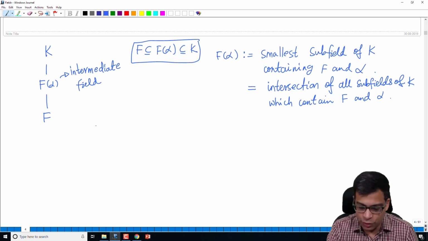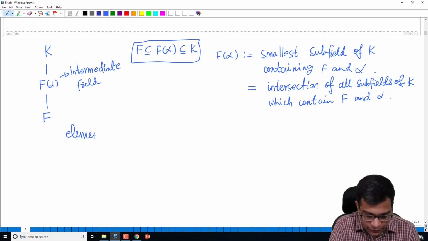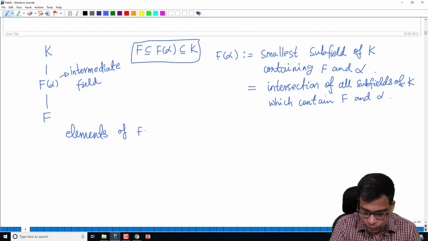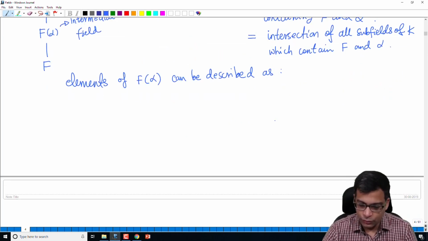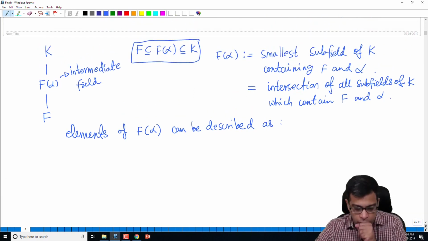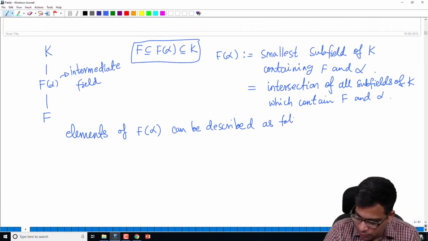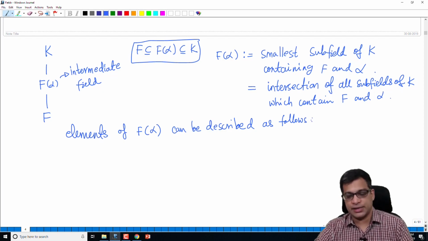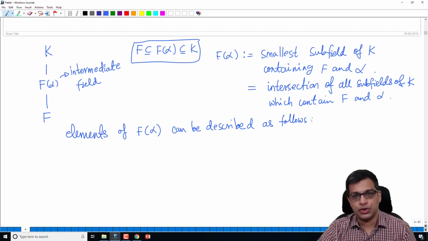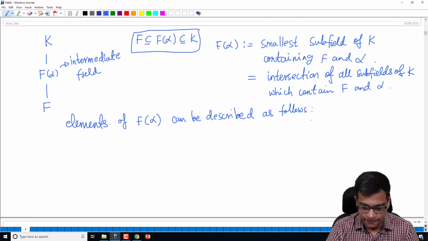Yet another description of F(alpha): elements of F(alpha) can be described as follows. Let me write like that and I will describe it now. So let us construct such a field. What are we supposed to make sure? We are supposed to make sure that capital F is contained in this and alpha is contained in this.